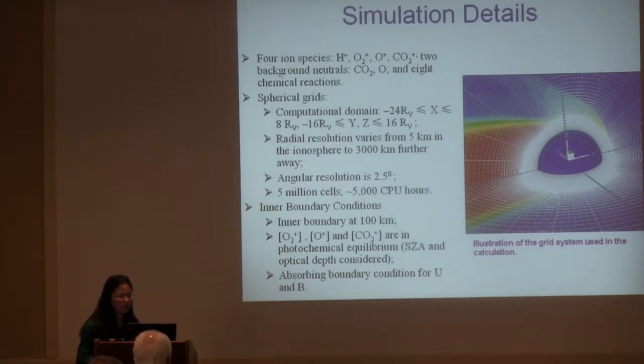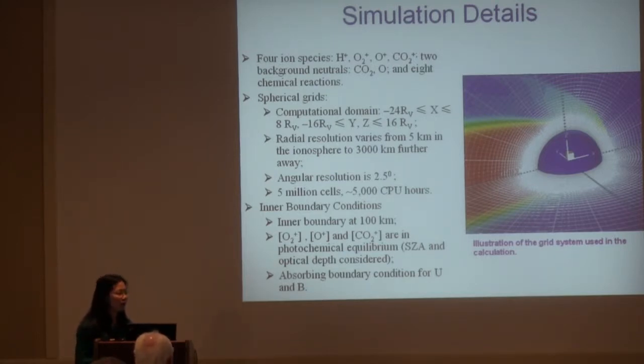So we solve for 4 different ion species: the main solar wind composition, and the 3 main ions in the Venus ionosphere. We also use the neutrals as a background to provide the chemical reaction rates needed to track the density. The main challenge of this global model is, of course, that we want to resolve the ionospheric structure.